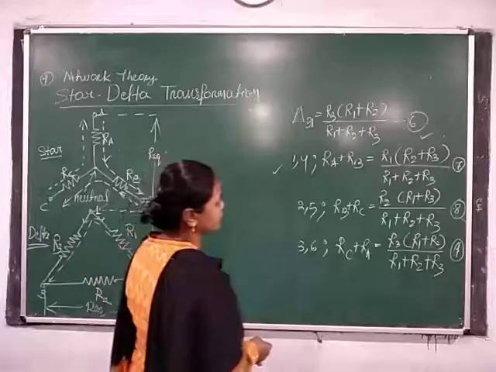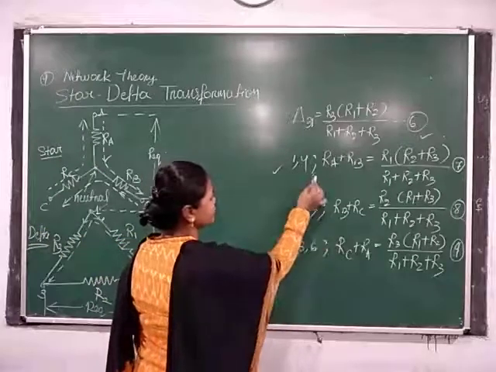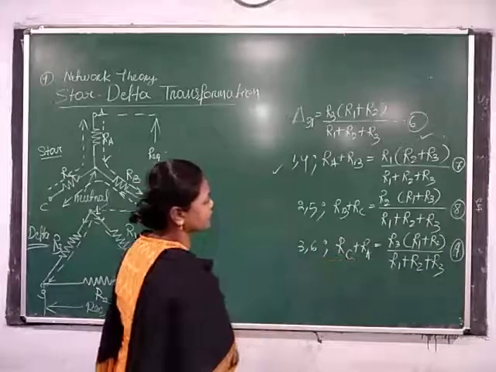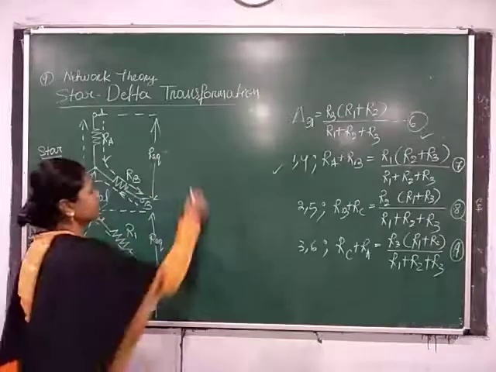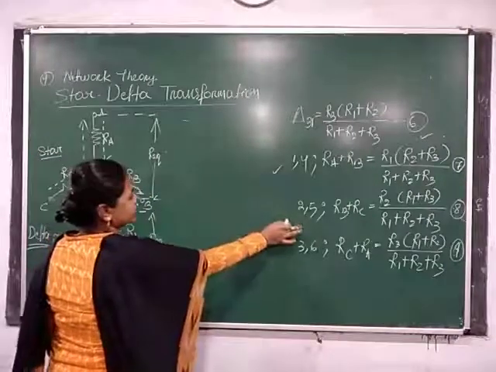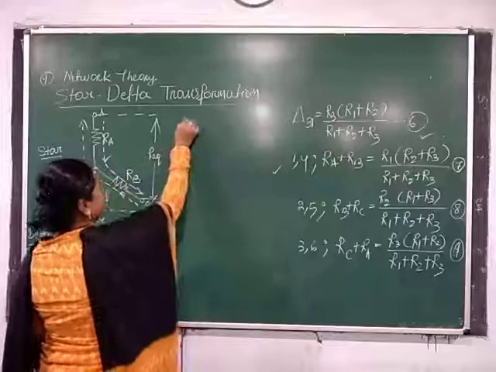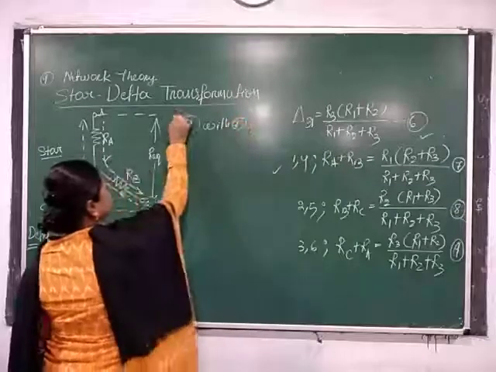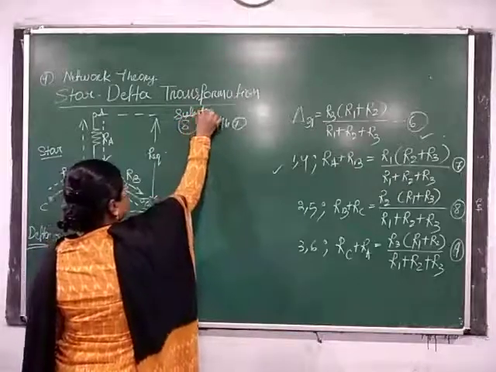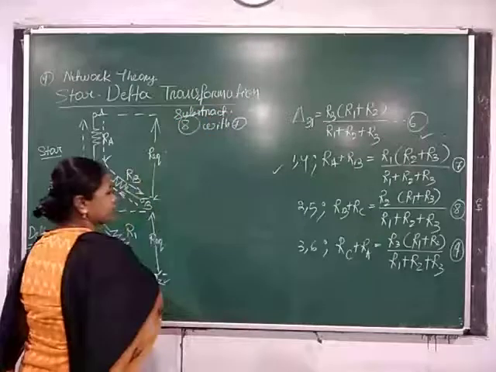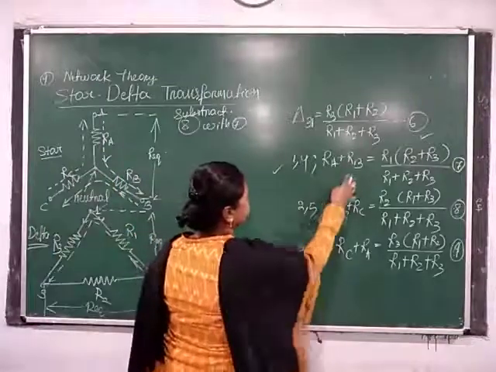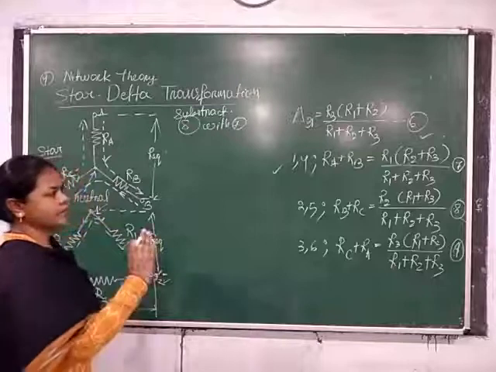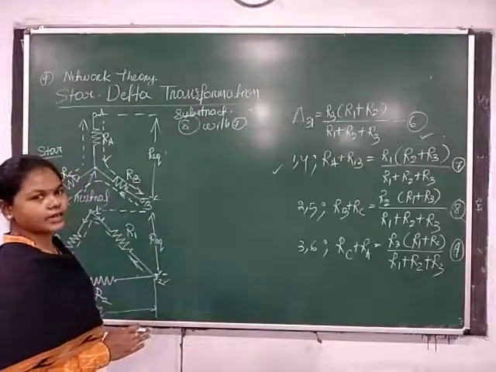You subtract equation 8 from equation 7 and add the result with equation 9. Subtracting, what result do you get? RB cancels out.